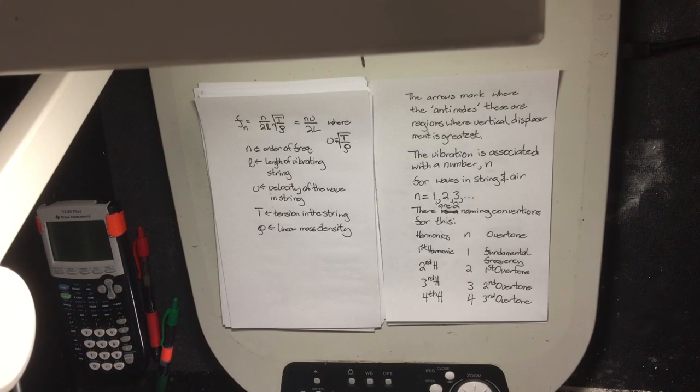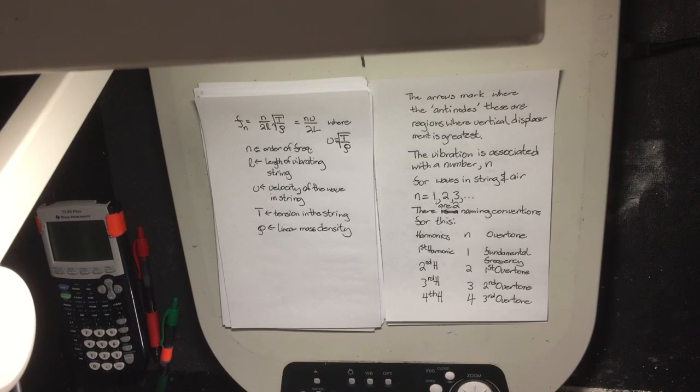So the bigger the string, how does V change? Does V increase or decrease if rho increases? It decreases. So if V decreases, the frequencies do what? They decrease as well. Hence, the fat strings produce lower frequency.